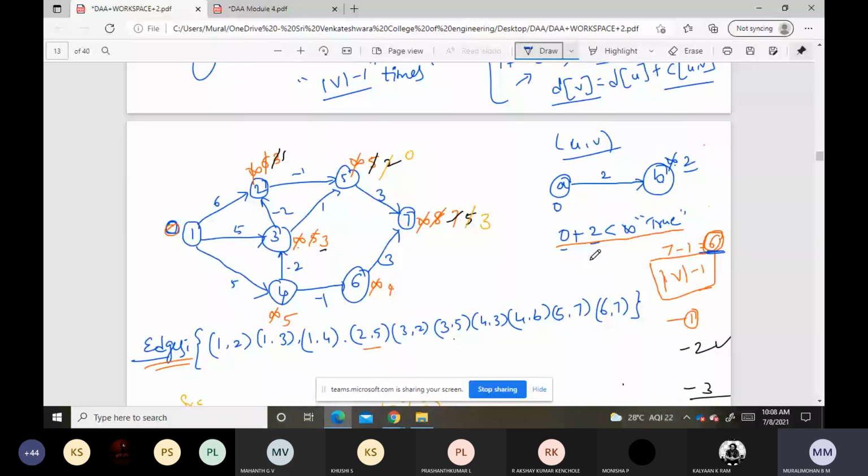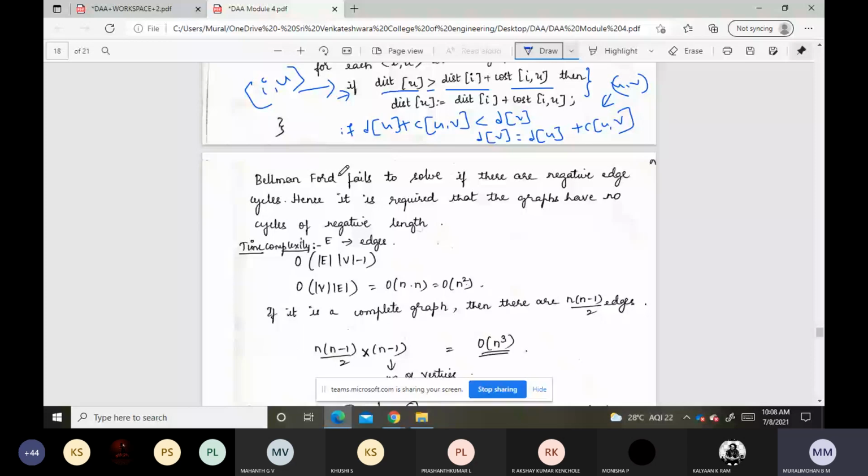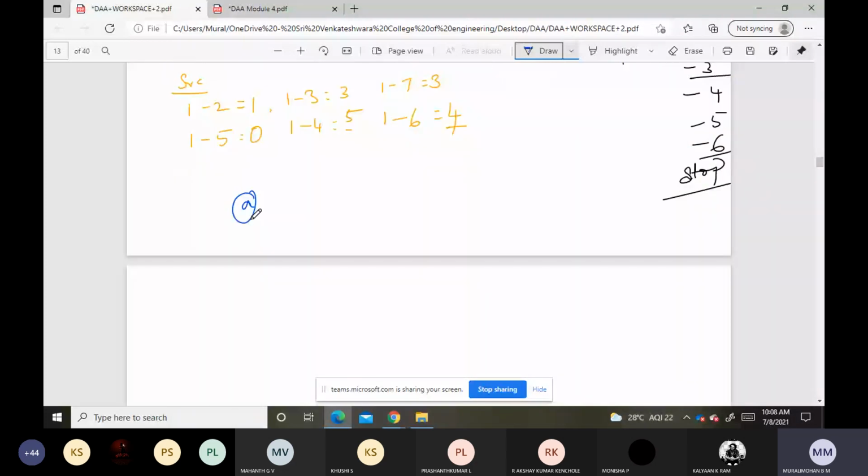Now next, observe this. A is there, here B is there with 2, here C is there, here D is there, with -1, and here let us take -2, and here it is 3, and here it is 2.